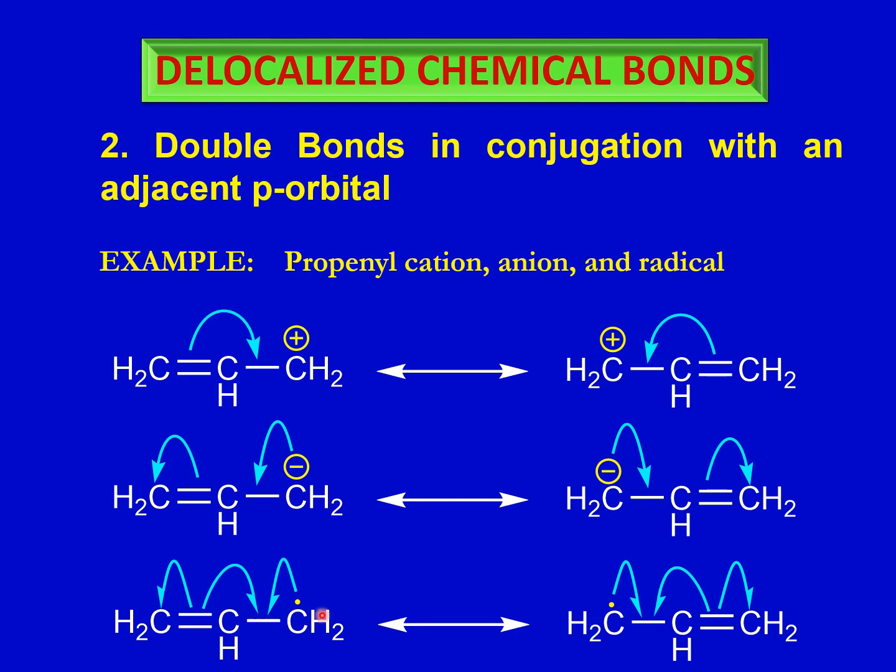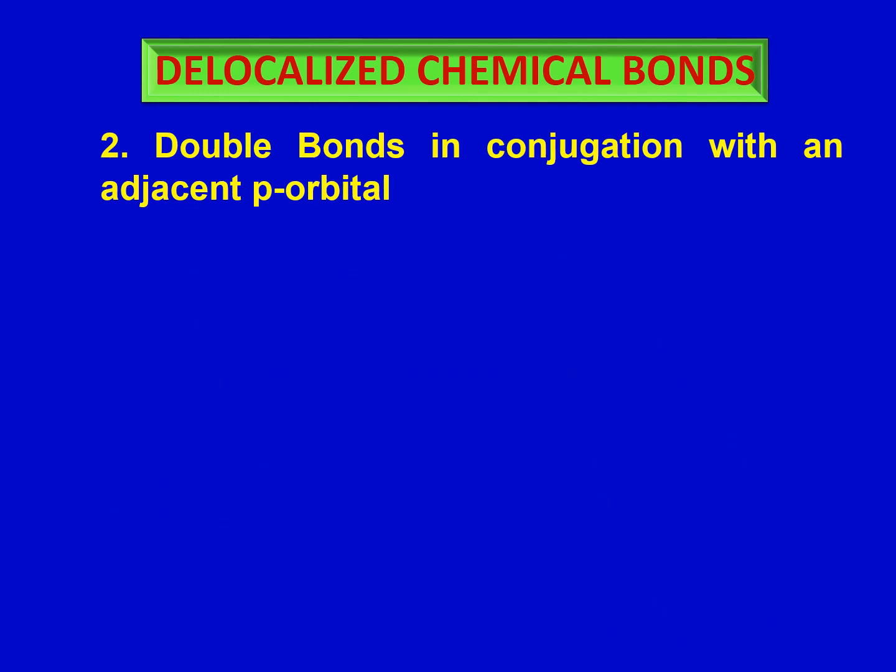So again, this single electron resonates between the first and the third carbon, and the two structures resonate between each other. Now let's discuss their molecular orbitals.